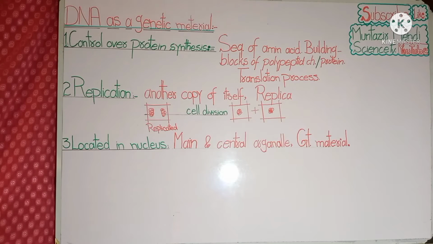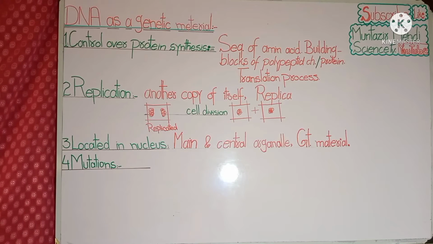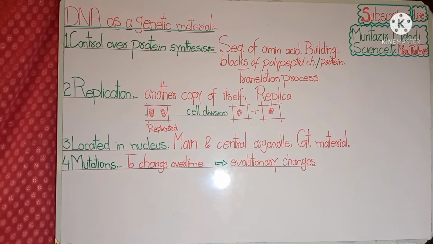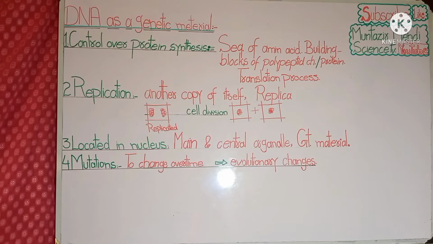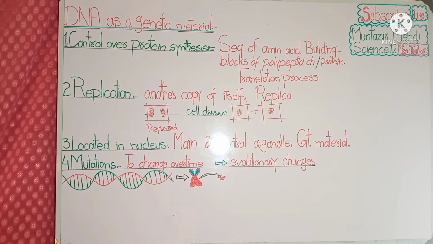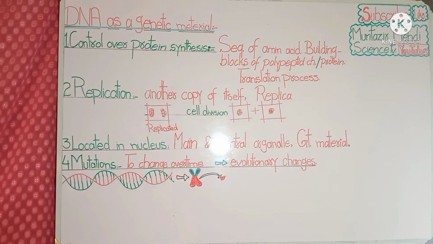The fourth characteristic is mutation, meaning that the genetic material must be able to change over time for evolutionary changes, for changing the living being and its existence, to adapt better according to the environment. The genetic material must be able to mutate, carrying mutations in the DNA to chromosomes, chromosomes to genes, and finally from genes to the protein.